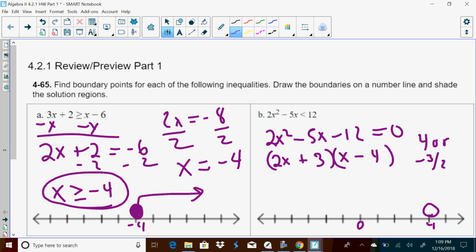Open circles. And then we plug in values. So if we plug in 0, it ends up being 0 is less than 12, which is not true. So our lines are going in these directions. So our answers are x is less than negative 3 over 2, or x is greater than 4.